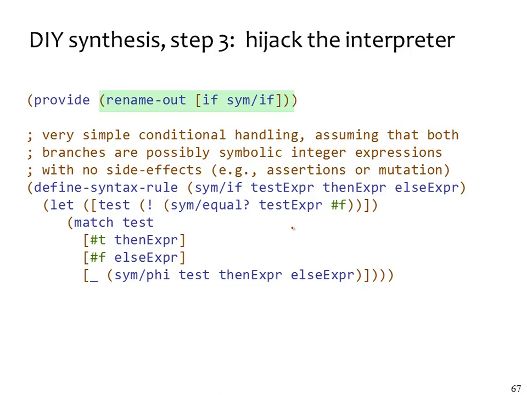The let expression takes the test condition and sees whether one of three things is true. If it's a concrete true value, then it executes the then branch, otherwise it executes the else branch, and if it's a symbolic value, it constructs a phi node, or an AST representing the phi node.